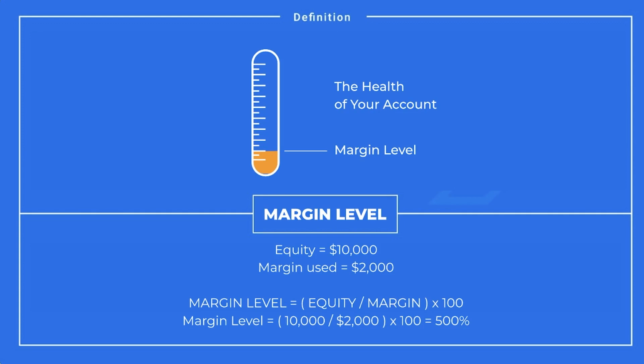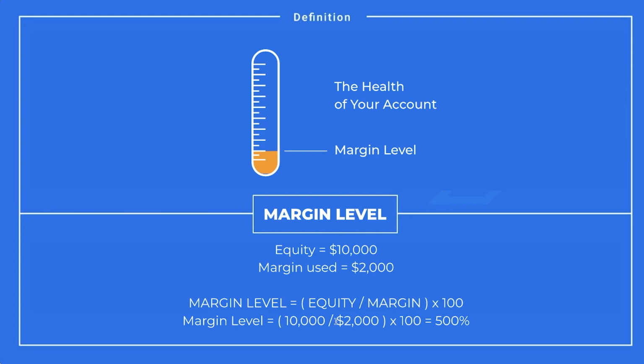So the margin level, there's something called the margin level. The margin level is shown as a percentage, and this is the health of your account, right? So for example, let's say our equity is at 10K. The margin used is at 2K. Our margin level, the formula is equity divided by margin times 100.